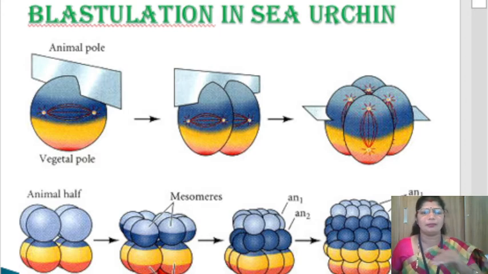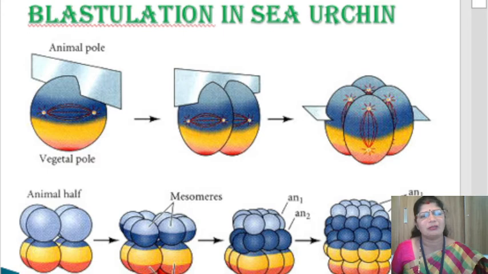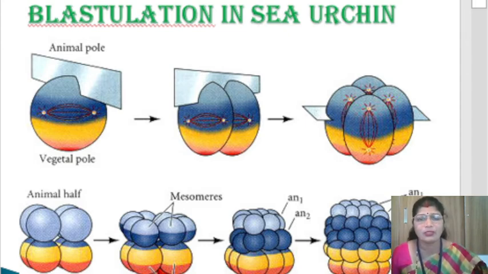You can see in the picture at the lower side the micromeres and the upper macromeres. Therefore, after the fourth cleavage in sea urchin, we can see 3 types of cells: micromeres, macromeres and mesomeres. Mesomeres are moderate in size, macromeres are a bit larger than that, and micromeres are smaller cells. This is after the fourth cleavage. Next, there will be a cleavage separately at the animal pole and at the vegetal pole.